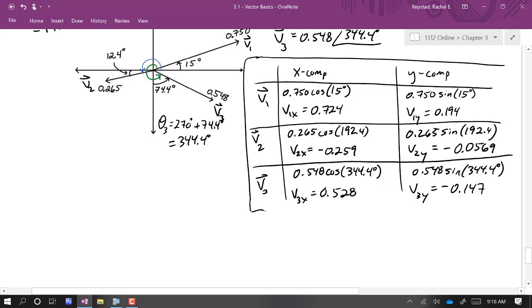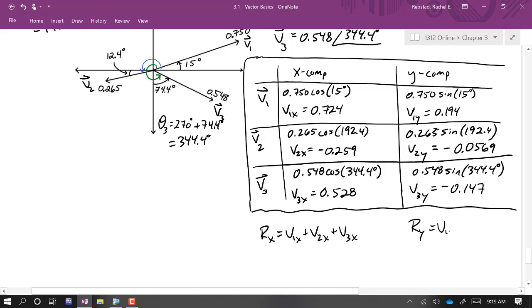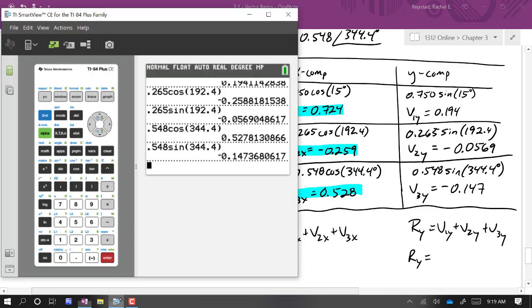Okay, now what we want to do is just add up the x components to get the x component. So Rx is V1x plus V2x plus V3x, and Ry is V1y plus V2y plus V3y. So for the x component, we're going to add these three together. Let's see what we get. 0.724 plus a negative 0.259, I guess I could have just subtracted, plus 0.528.